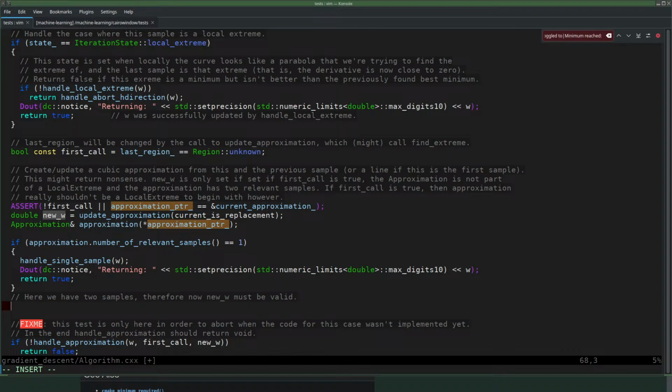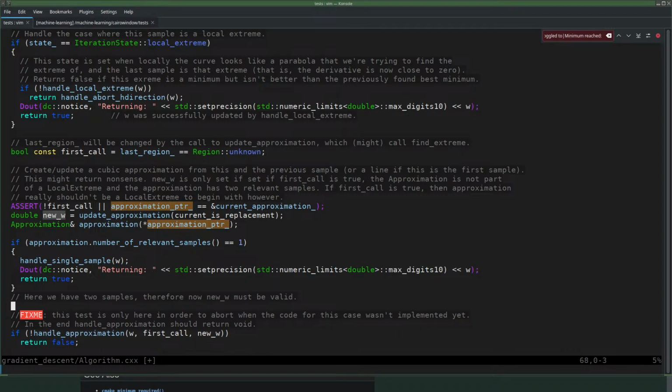I could test it here, or maybe later inside handle approximation. I could still test it together with the first call then, yeah. Yeah, well, I mean, if first call is set, don't even have to test that.